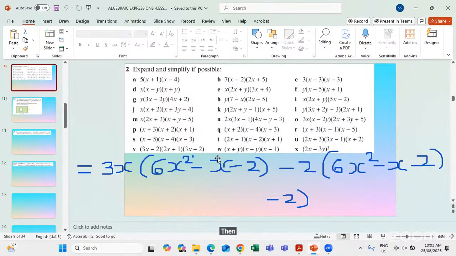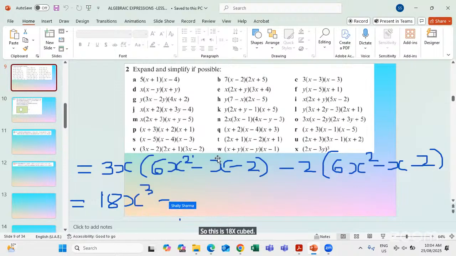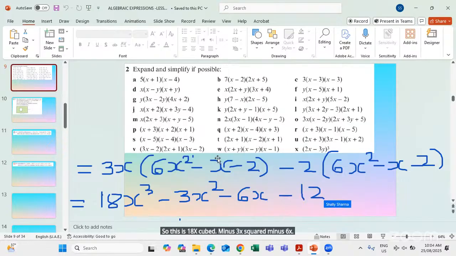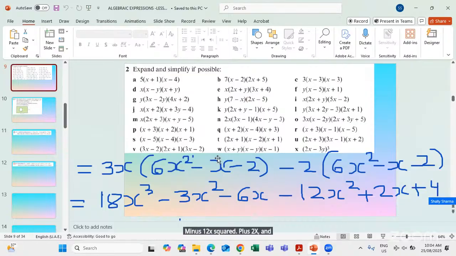Then we have to now open the brackets. So this is 18x cubed minus 3x squared minus 6x minus 12x squared plus 2x and plus 4.